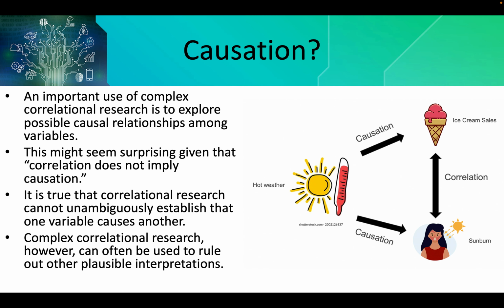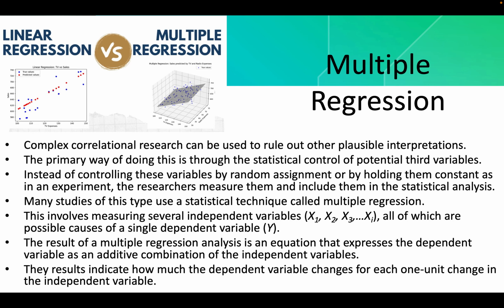Complex correlational research, however, can often be used to rule out other plausible interpretations. When it's hot outside, ice cream sales go up, as do sunburns. Complex correlational research can be used to rule out other plausible interpretations.